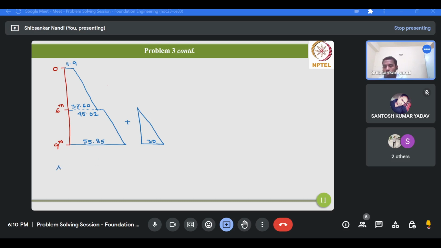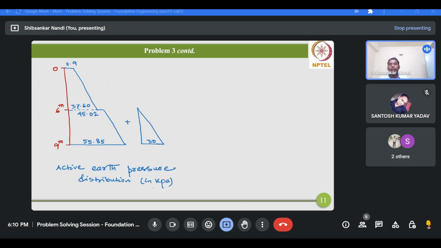So this is the active earth pressure distribution.